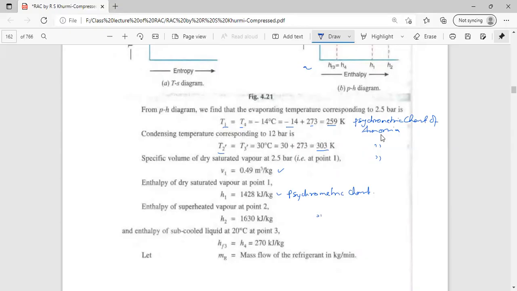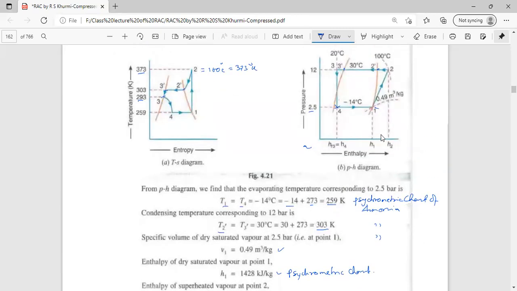And the enthalpy of subcooled liquid at 20 degrees centigrade at point 3 is HF3. Condensation starts at point 2 dash on the dry saturated vapor line and reaches point 3 dash on the wet saturated line, and then it is further cooled. When it comes out from the condenser, this is point 3, which is subcooled, and it is then sent to the expansion valve, where it is expanded from 3 to 4 and enters the evaporator.